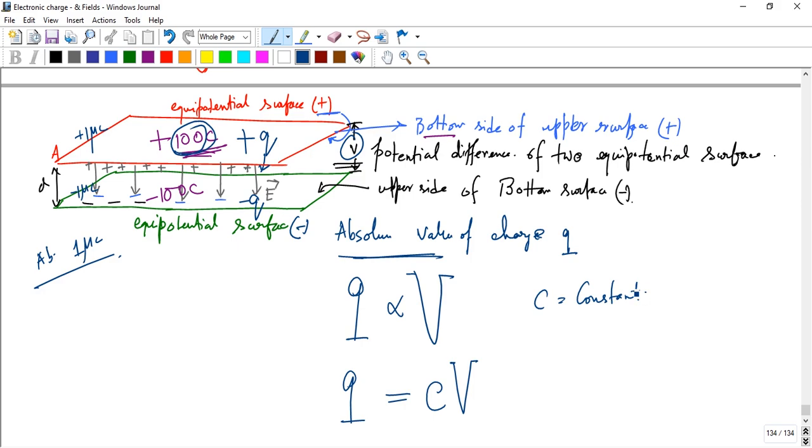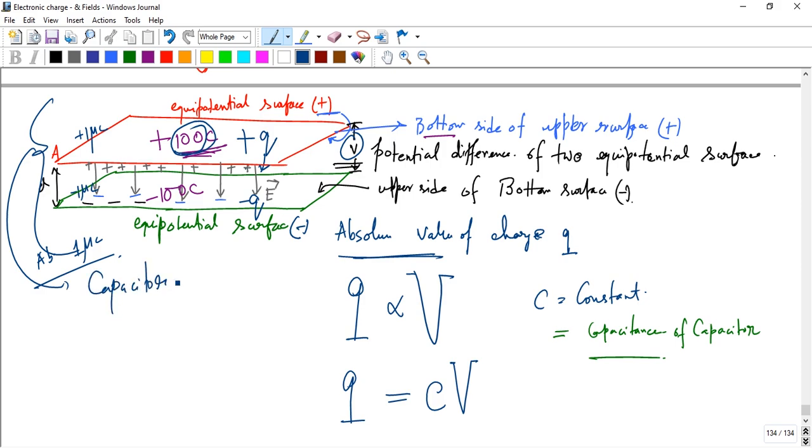C is called capacitance. So the proportional constant is capacitance, the capacitance of a capacitor.